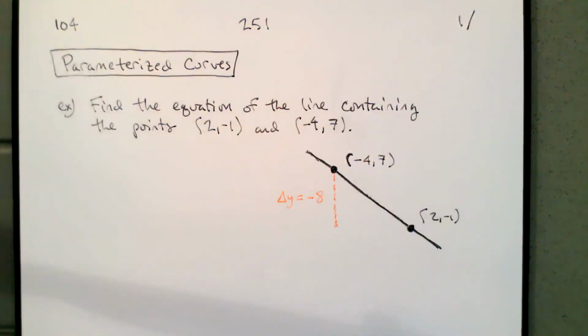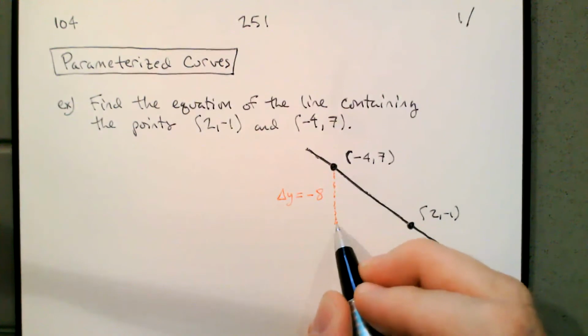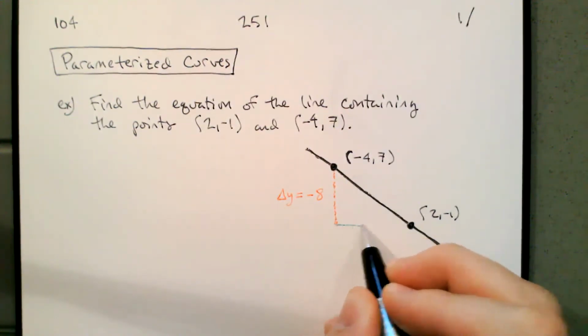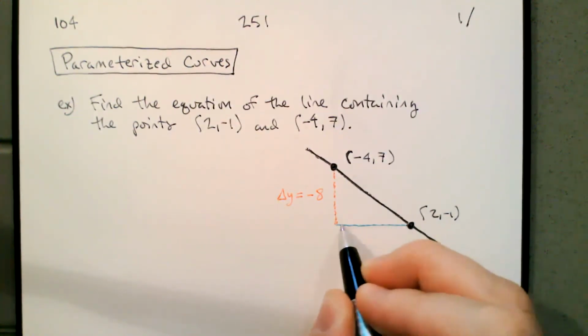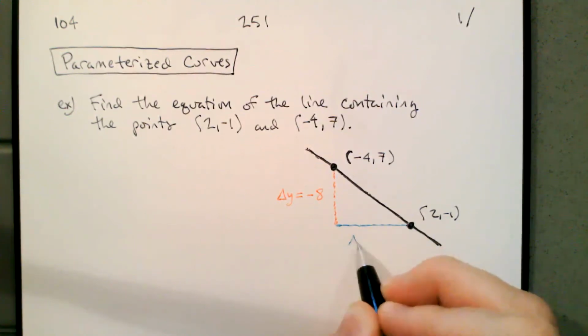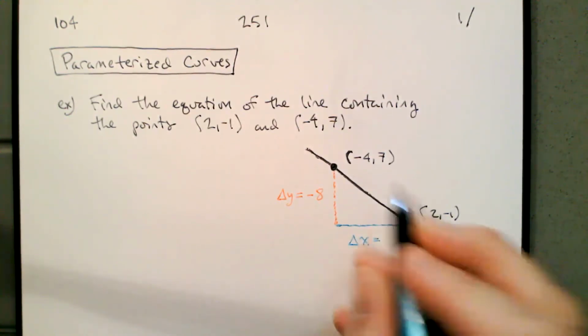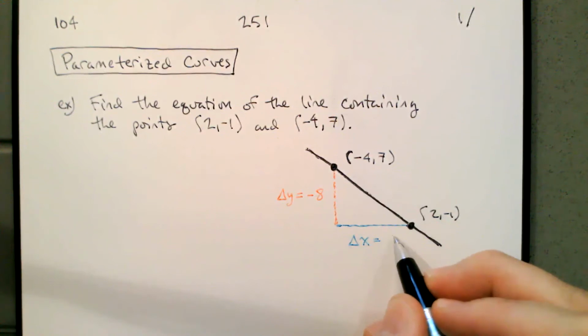So our change in y is a decrease of 8. Our change in x, in the x direction, we're going from -4 up to 2. So our change in x is 2 minus -4, or +6.